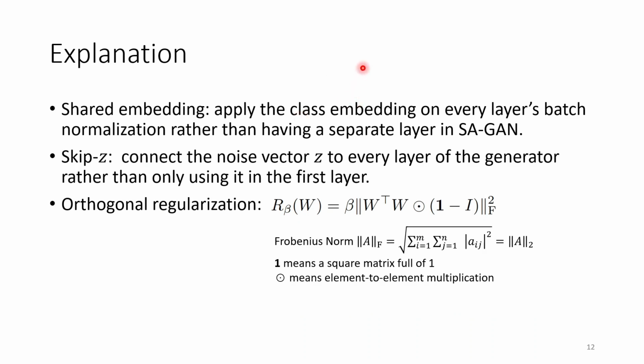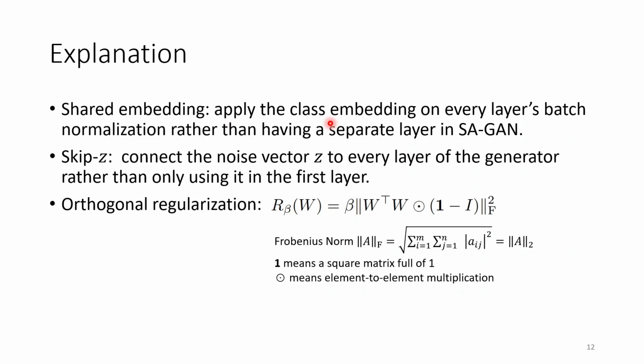The skip Z means, okay, sorry, what I talked about there was skip Z. It means connecting the noise vector to every layer. And shared embedding means connecting the conditional vector to every layer.